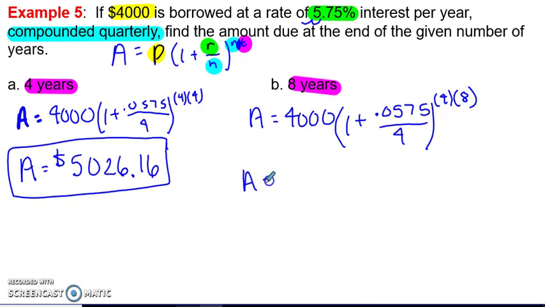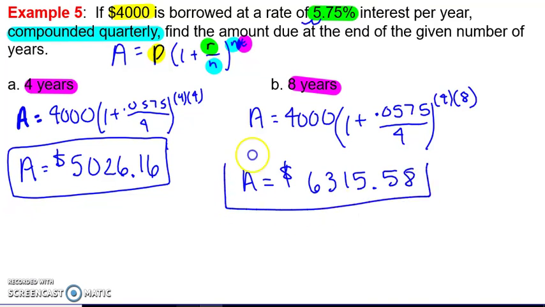And after putting this in your calculator, you should get $6,315.58.